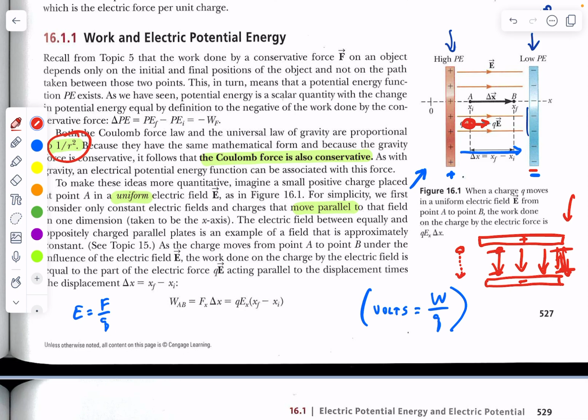It doesn't matter how many times I go up and down. The net change in potential energy is the same. So the gravitational force is conservative. The Coulombic force is conservative. If I have a positive charge and I move it down, push it back up, let it move back down, push it back up, and eventually let it move back down again, the net change is going to be the same.